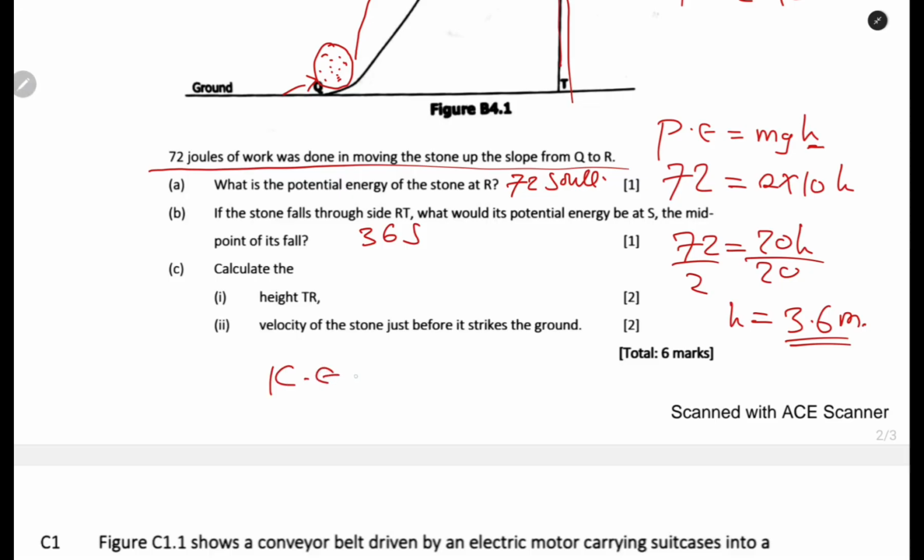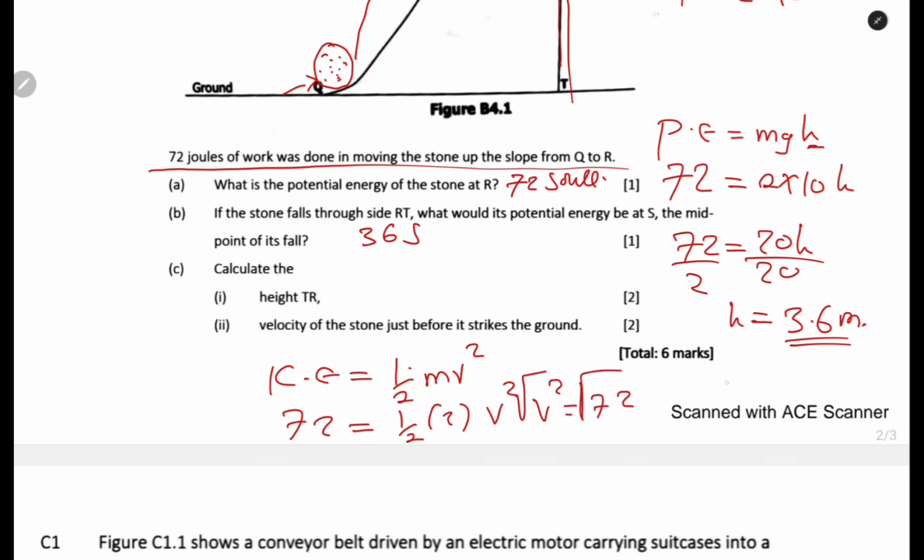Kinetic energy is equal to half mv square, so 72 is equal to half, the mass is 2, then v square. So v square is equal to 72. Introduce the square root, and therefore v is going to give us 8.5 meter per second as the velocity.